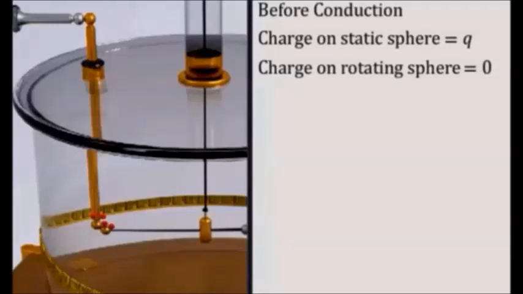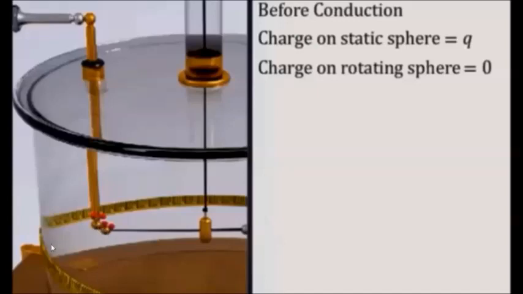So what will happen now? As I told you, due to the property of conduction and the sharing of charges, charges will flow from the static metallic sphere to the rotating metallic sphere. Since both have the same size, the charges will flow until both have the same amount of charge.